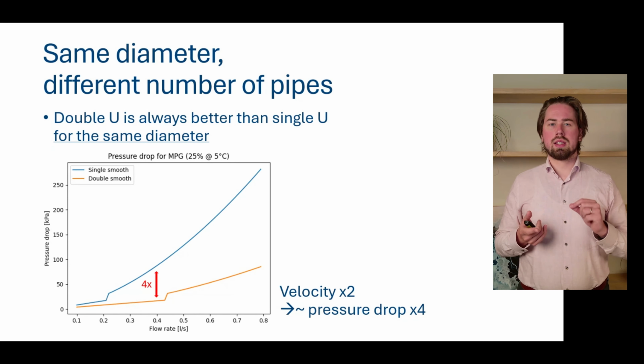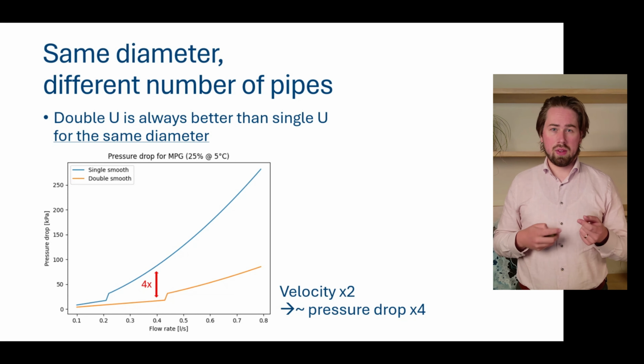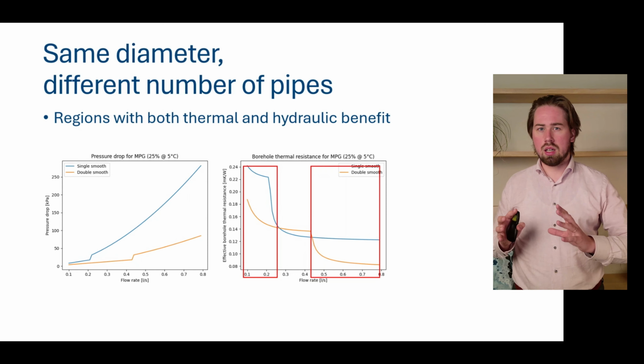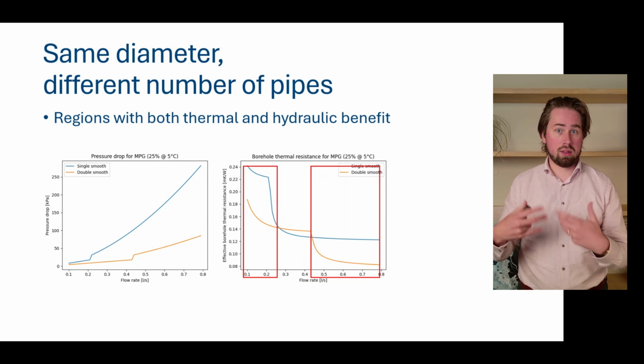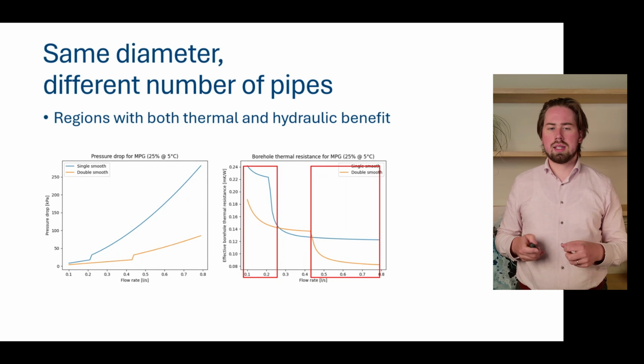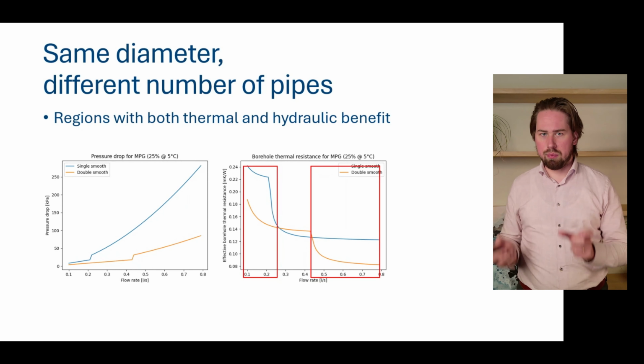Now what is interesting is if we compare this to the thermal insights that we discussed in the last chapter, and that you see here, so we have our thermal counterpart. We see that there are flow rates where our W has a better borehole resistance and better thermal behavior, and that in these same flow rates, it's also better from a hydraulic perspective.